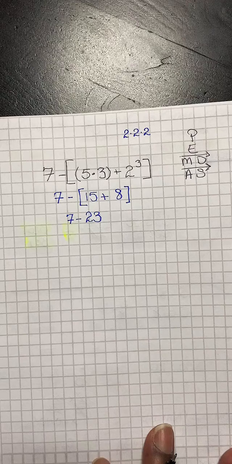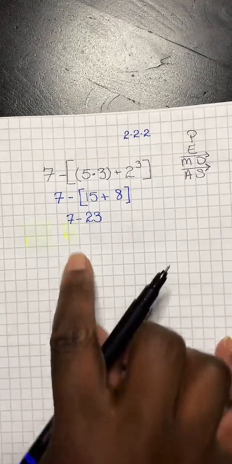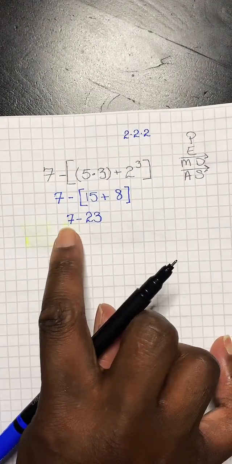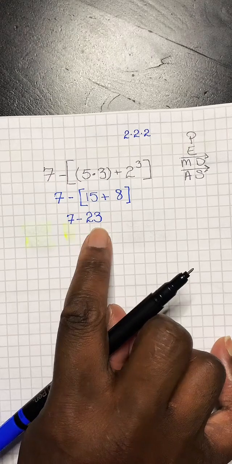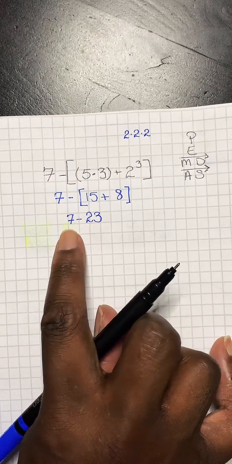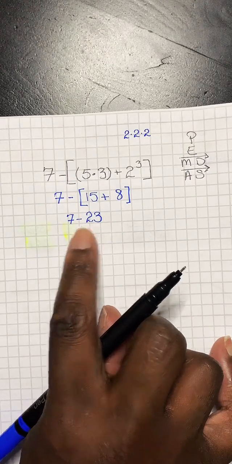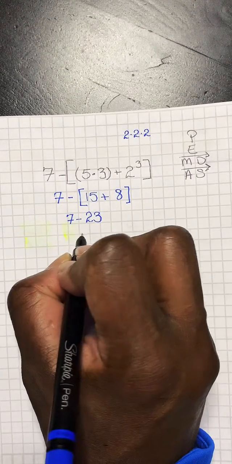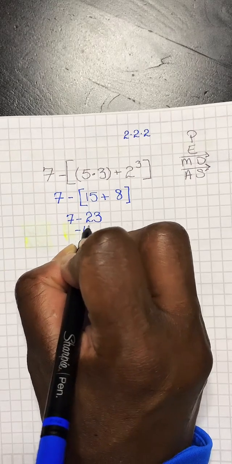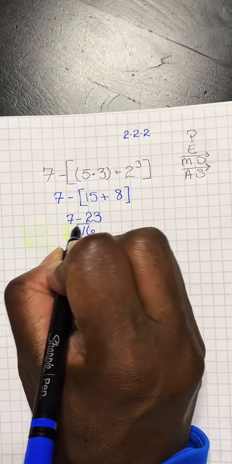Okay, thank you. Maybe 0. Well, at this point, it's not going to equal 0. But we have 7 minus 23. So 7 minus 23, that gives me my negative 16.